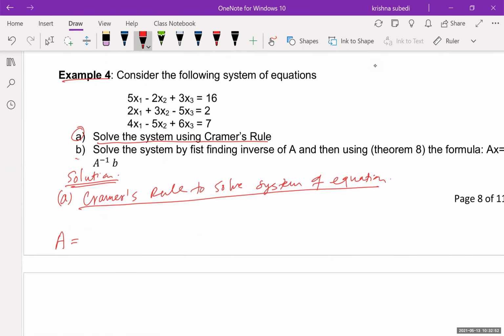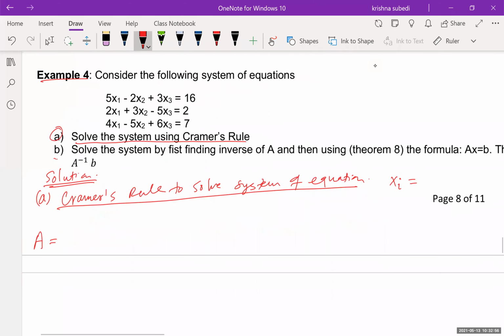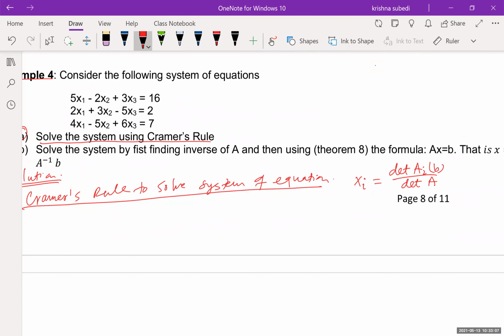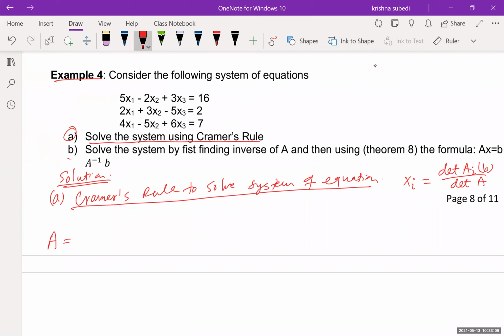Remember the formula: xi equals determinant of A sub ib over determinant of A, where determinant of A is the coefficient matrix, and determinant of A sub ib represents, I think we discussed that, and we'll discuss it in a minute. So A means the coefficient matrix.